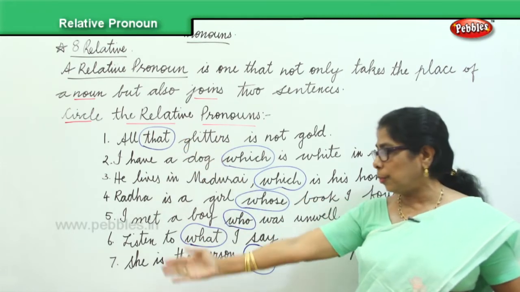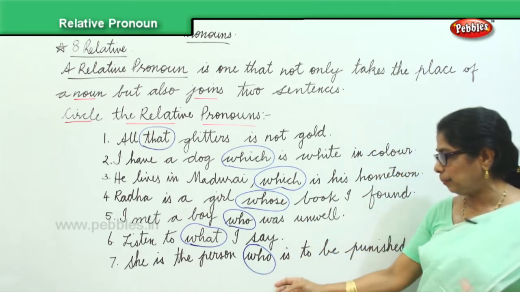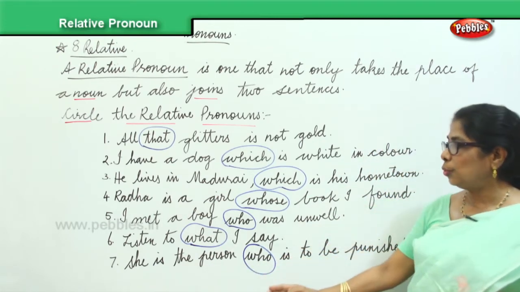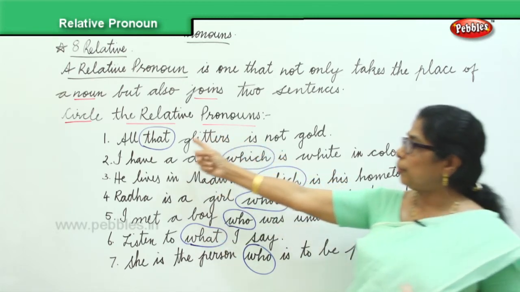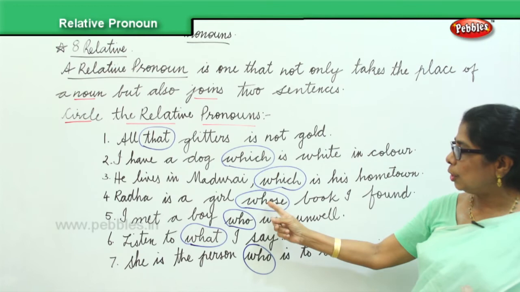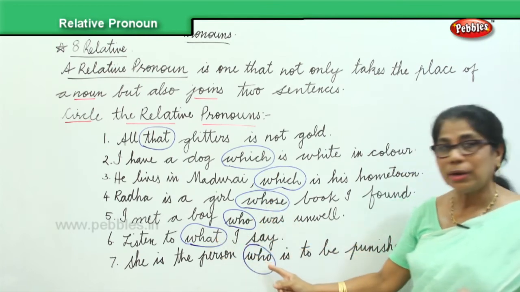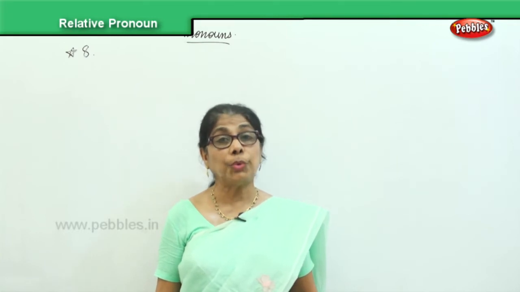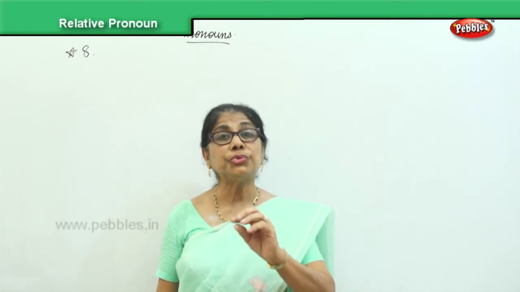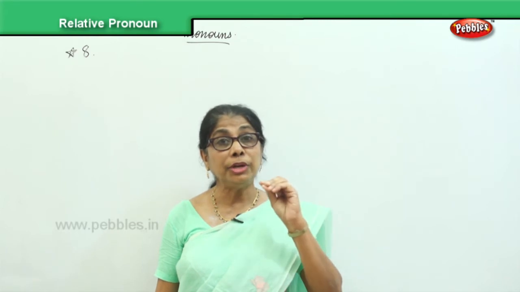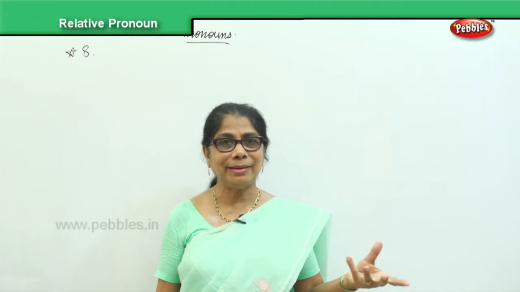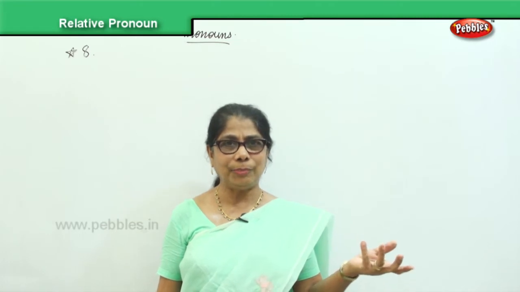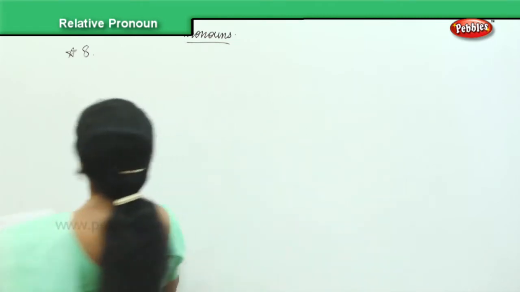What, relative pronoun. She is a person who is to be punished. Who, relative pronoun. So in these sentences we have circled the relative pronouns: that, which, whose, who, what and who. We learned that relative pronouns join 2 sentences together. So I am going to give you 2 separate sentences and we are going to join them by putting in the relative pronoun. So join the pairs.